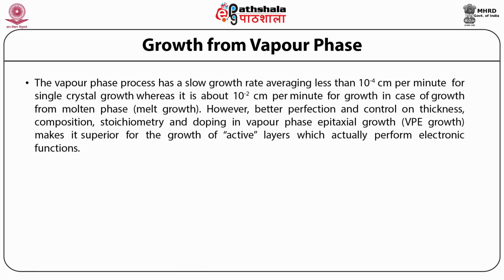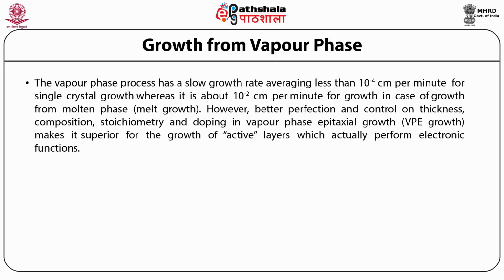The vapor phase process has a slow growth rate, averaging less than 10^-4 centimeter per minute for single crystal growth, whereas it is about 10^-2 centimeter per minute for growth from the molten phase, that is the melt growth.